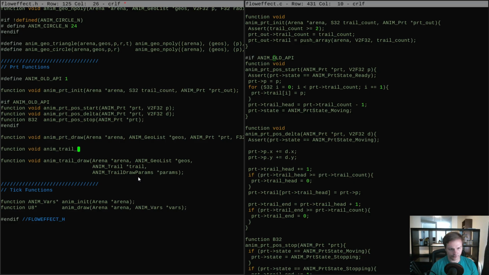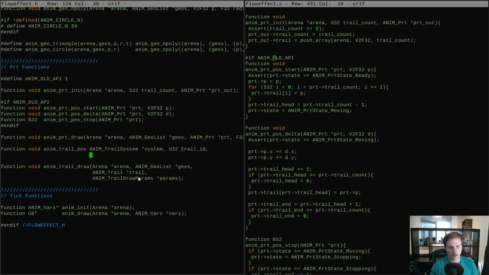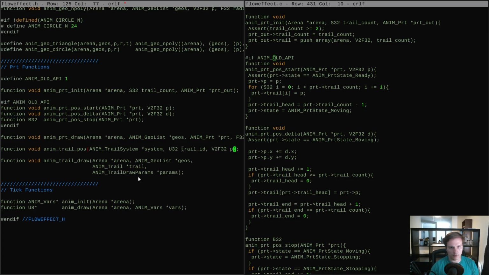Trail, position, anim, trail system. Maybe we have like a trail ID and a V2 F32P, right?